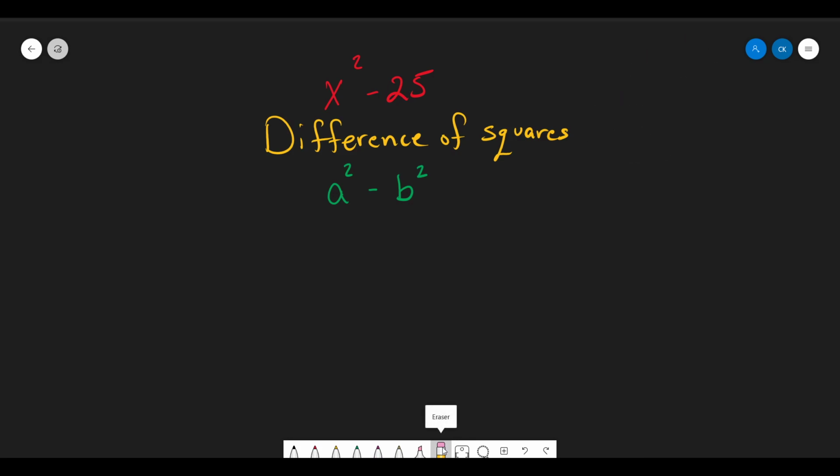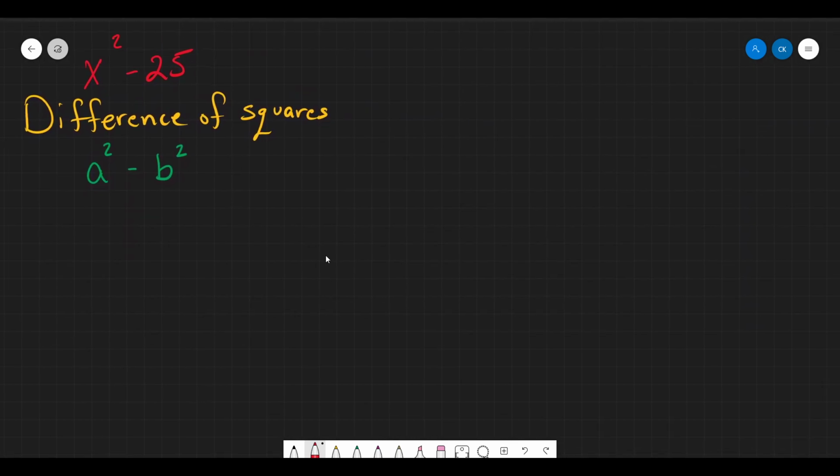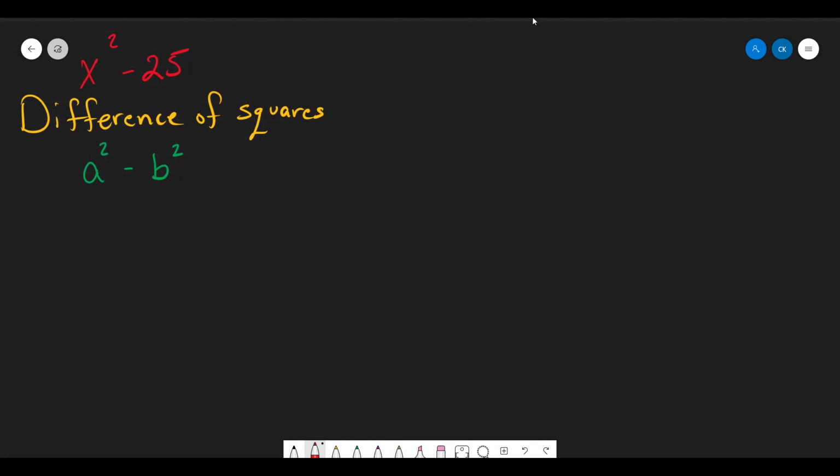So the first thing we're looking at is that both terms have to be perfect squares. And the second thing is that one of the terms has to be negative. Okay, so let's talk about how we would actually factor this out. I'm going to use the example of x squared minus 25, and we'll put this off to the side here. Whenever I see a difference of squares, we find the square root of the first term.